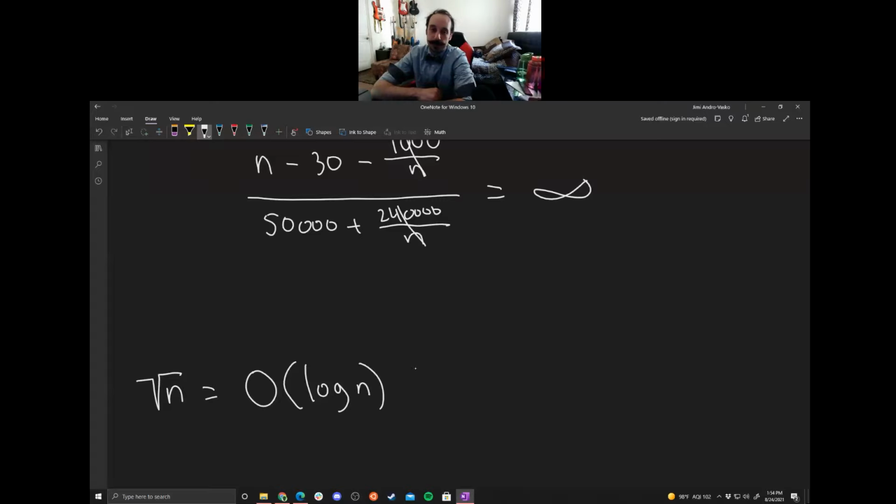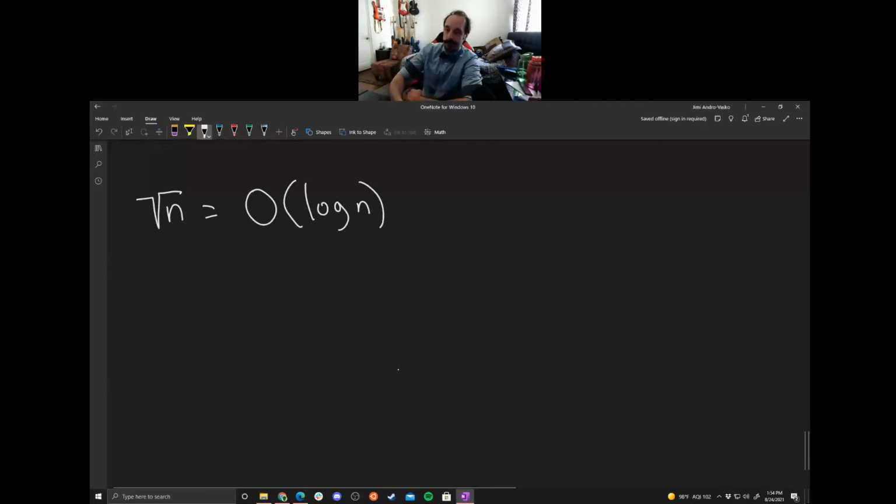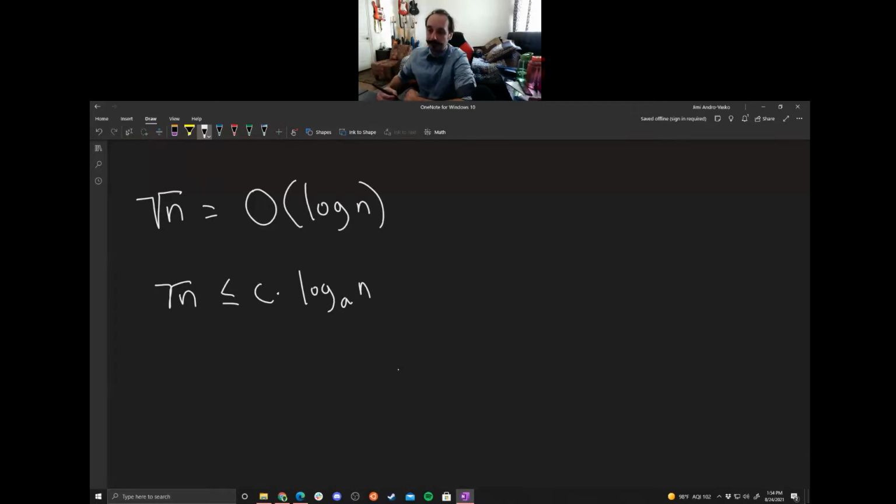Now, using the standard method, from 302, we have, let's say, square root of n less than or equal to c times log base a of n. I can't really think of a constant or an initial n value to make this work. So in this case, L'Hopital's rule can be very handy.